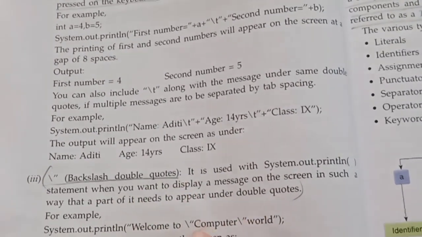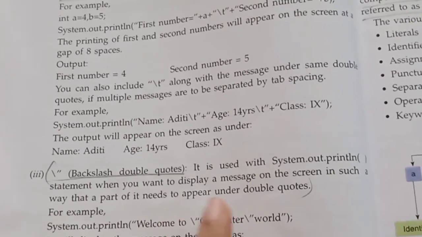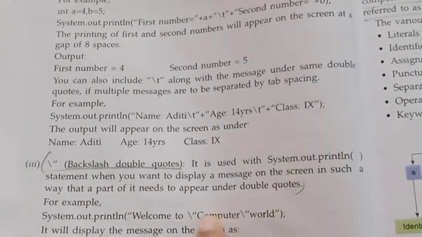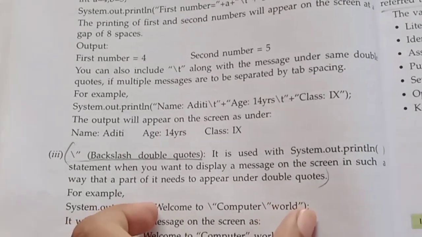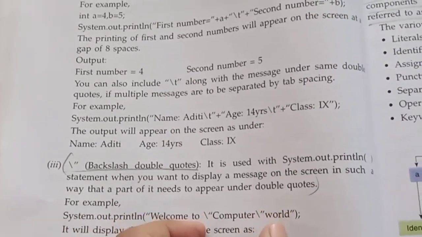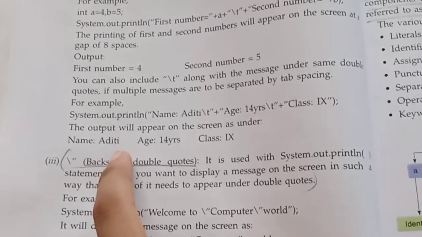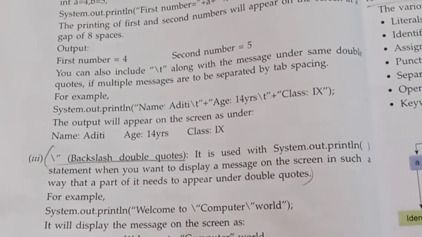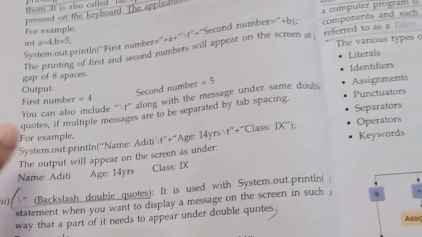So whenever we want to bring any particular word inside double inverted commas, we use this particular symbol. This entire double inverted comma is to print this entire line, but this particular statement, double inverted comma open and close, will do the work of putting double inverted comma over the word computer.